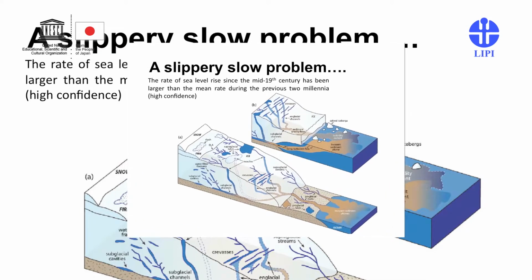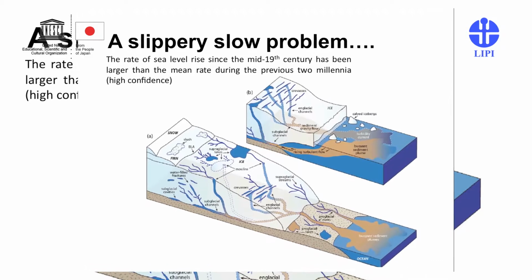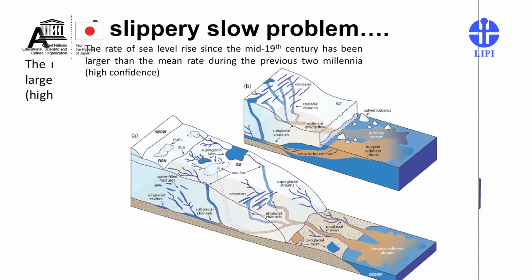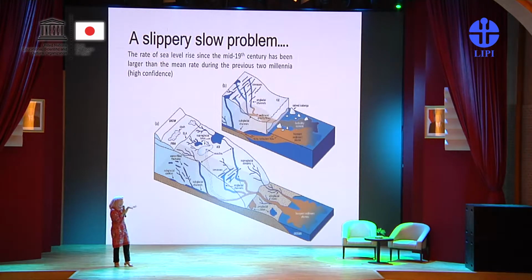It lubricates the ice, so it will run faster to the oceans. So it's not a steady linear process. It's a whoosh kind of process. It gets faster and faster. And of course, once you chunk off parts of the ice that is in front of it, once that's gone, the rest of the ice will just run into the ocean. So that's why it is a slippery slope.